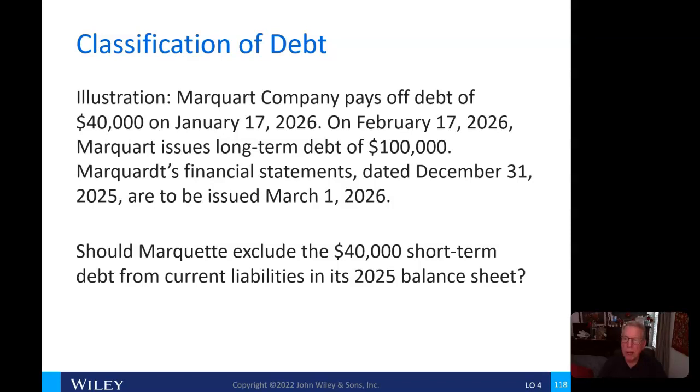Marquardt's financial statements, dated December 31, 2025, are to be issued March 1, 2026. Should Marquardt exclude the $40,000 short-term debt from current liabilities in the 2025 balance sheet?